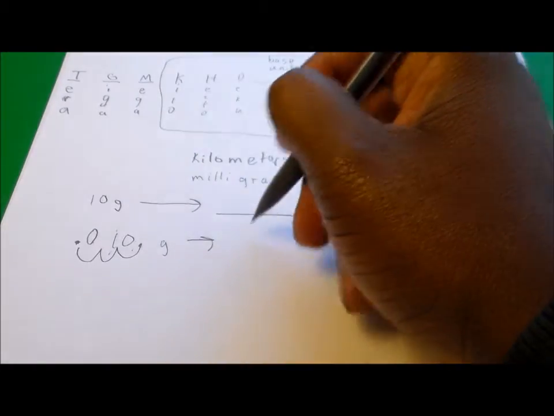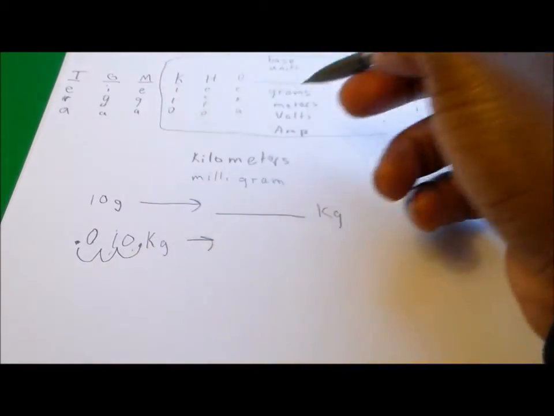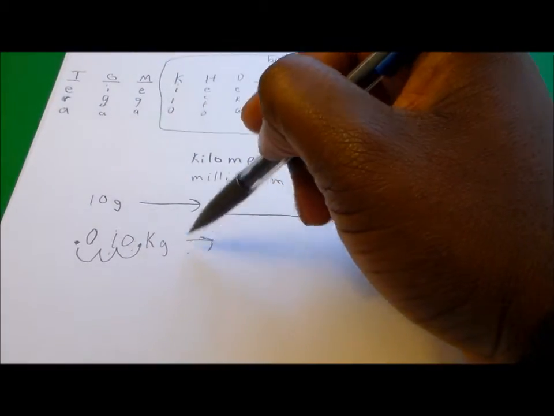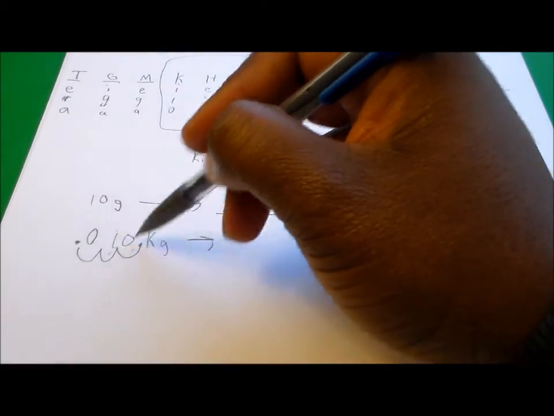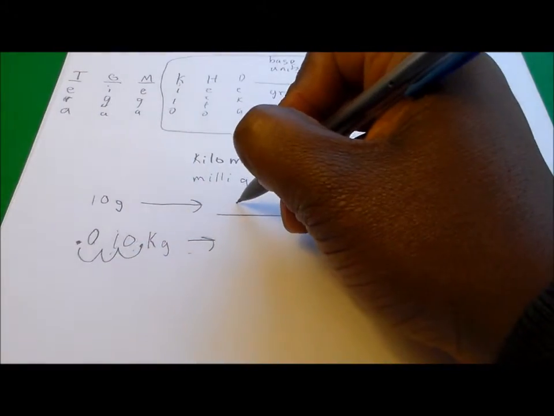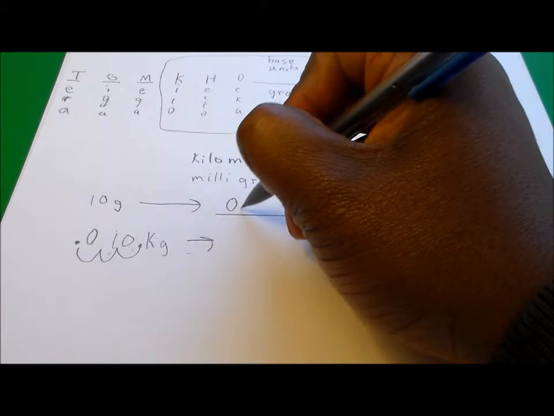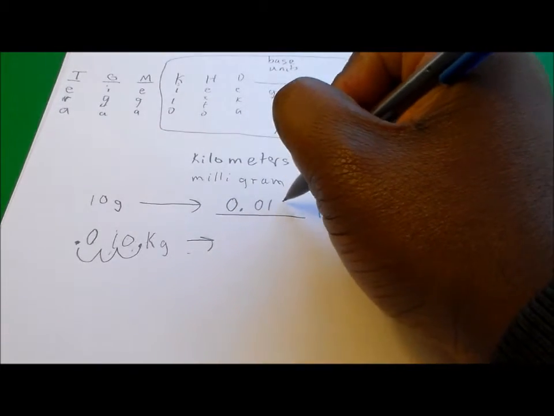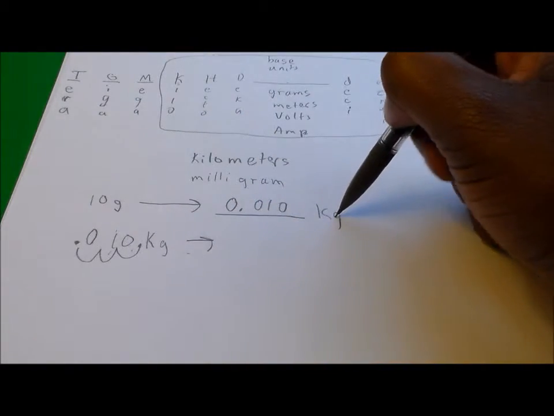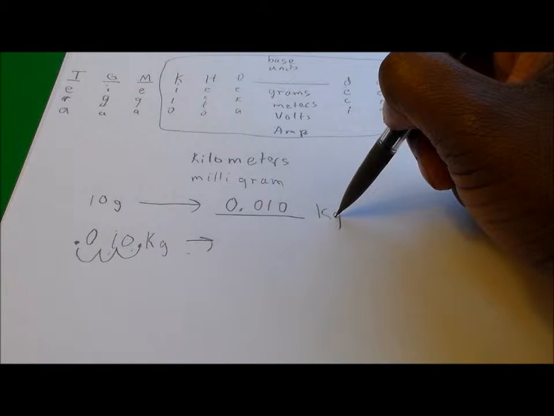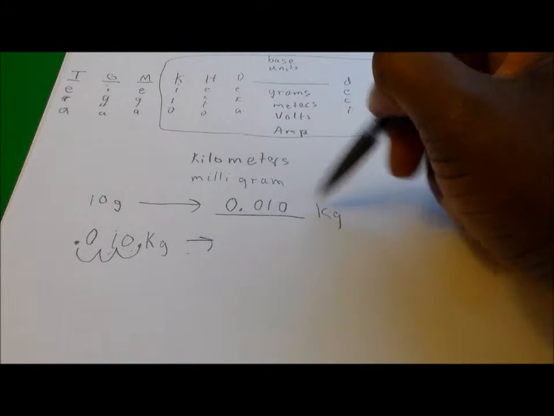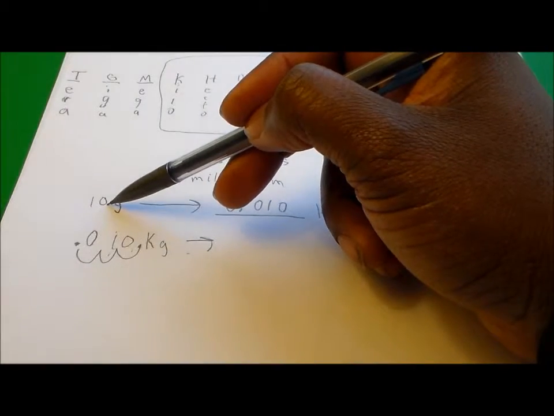What this tells us is that this is the value for the kilograms. So 0.010 is the number of kilograms that will be equal to 10 grams.